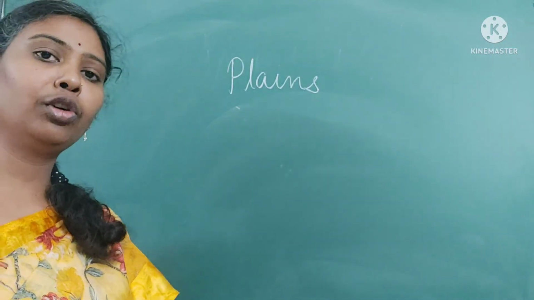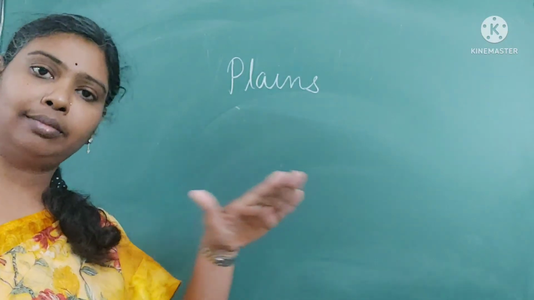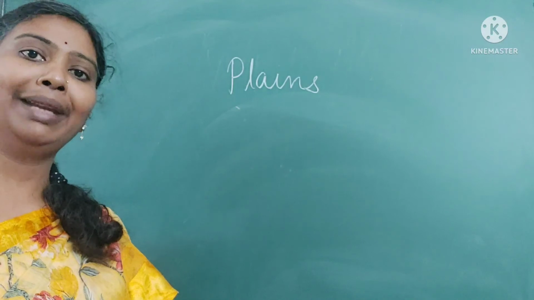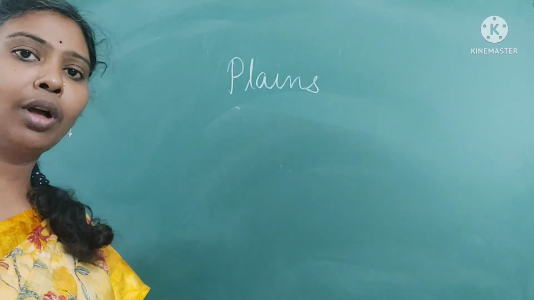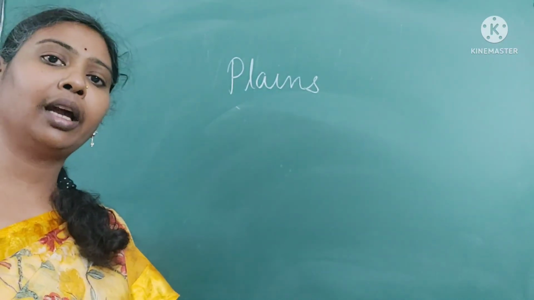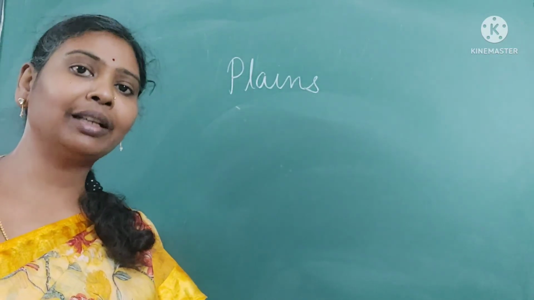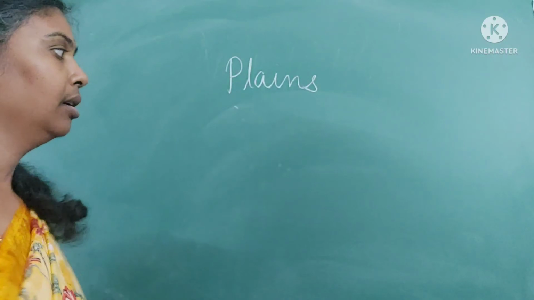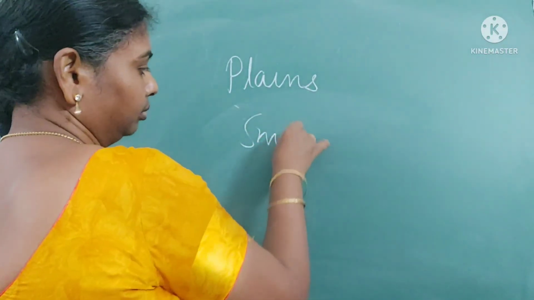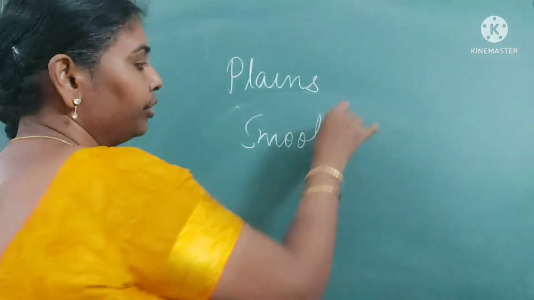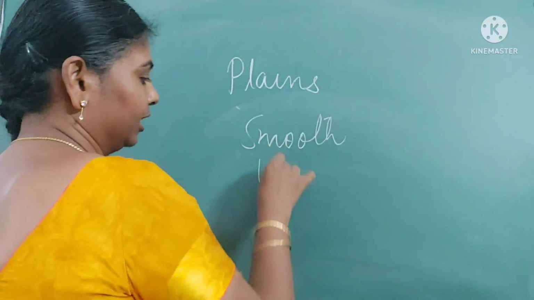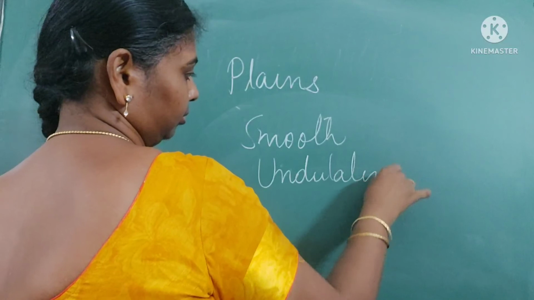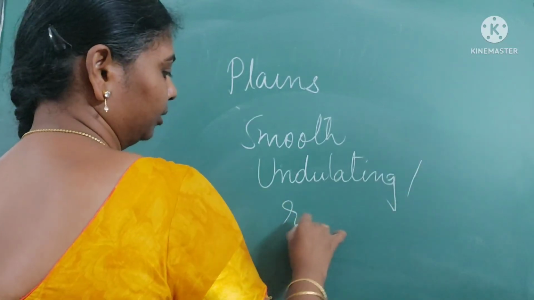Majorly, the altitude of plains will be a maximum of 300 to 400 meters. Most of the time the plains are smooth. Very few times they are undulating or rolling.